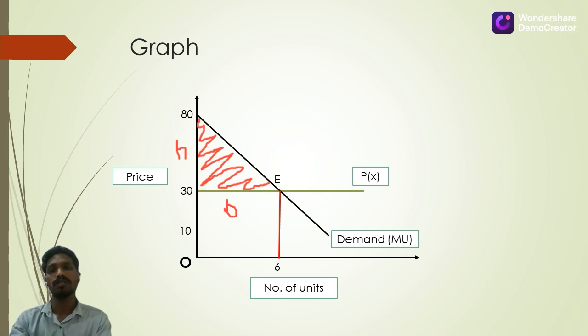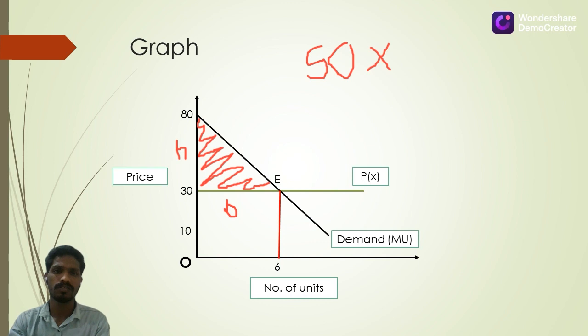Here the height, between 30 and 80, is 50 rupees, and the base is 6. So 50 into 6 into half.